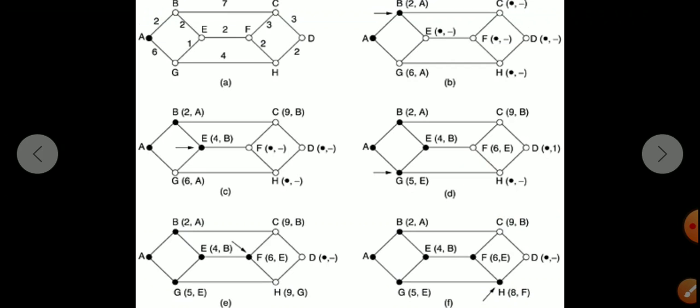Likewise A to B, B to E, E to F, F to C: what is the distance? 6 plus 3, 9 comma B. Here also 9 comma B and here also 9 comma B. But the number of routers is very small for this one, whereas when you go for 9 comma F, more router connectivity links are present. So we'll go for the path with fewer routers connected.